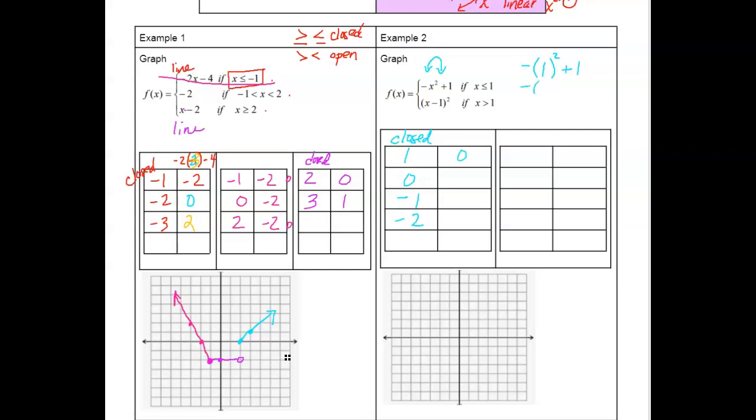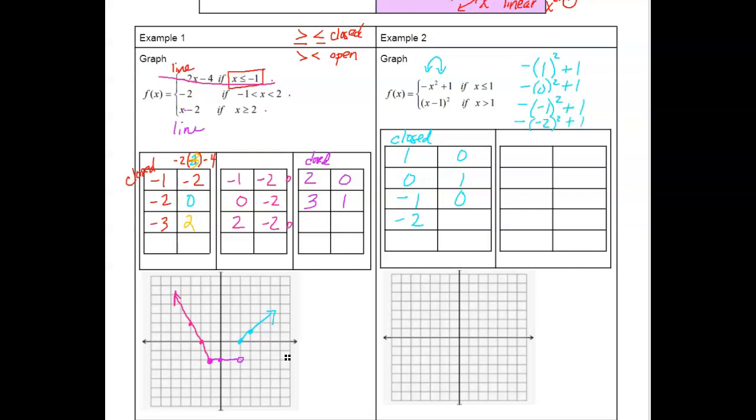If I plug in 0, I'd get 1. Plug in -1, and this is where the parentheses become really important. You would get -1 plus 1, which is 0, and we'll plug in -2. So make sure you're typing that into a calculator correctly.